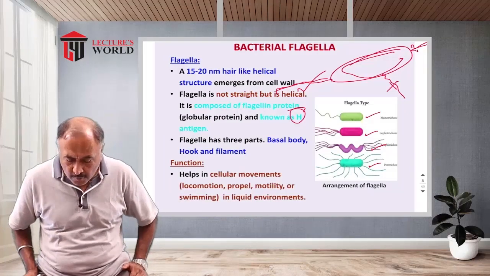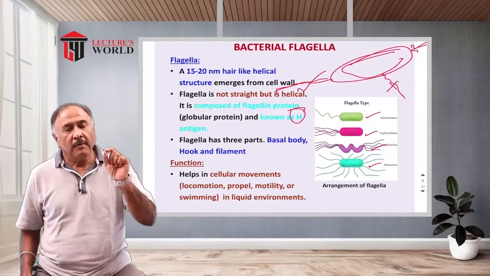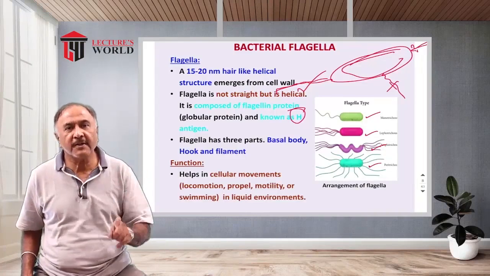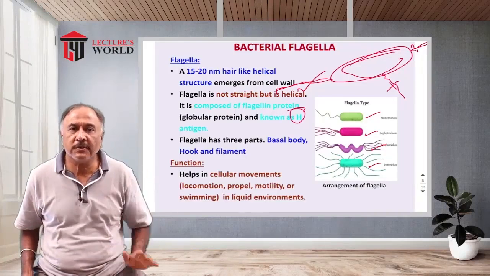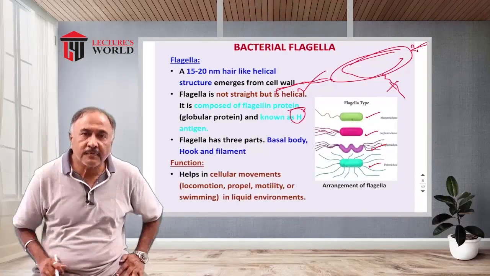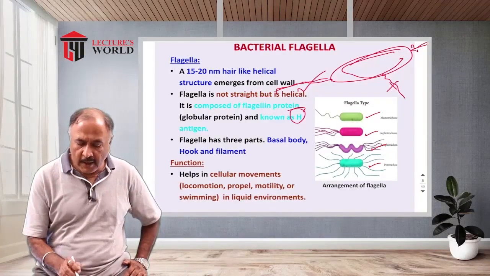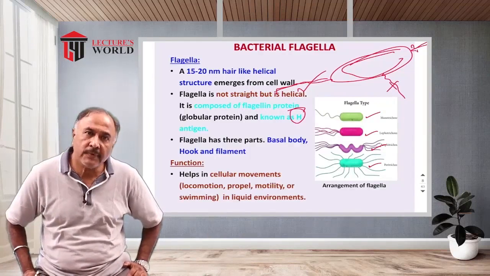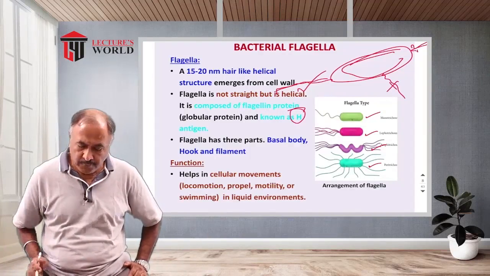In case of lophotrichous flagella, these flagella are attached at one of the poles, but the number of flagella is more than one. As you can see in this diagram, the red colored bacterium has at least 4 or 5 flagella at one pole.